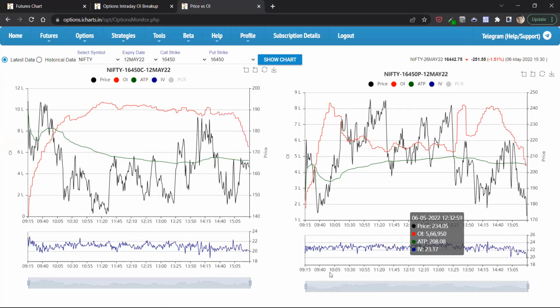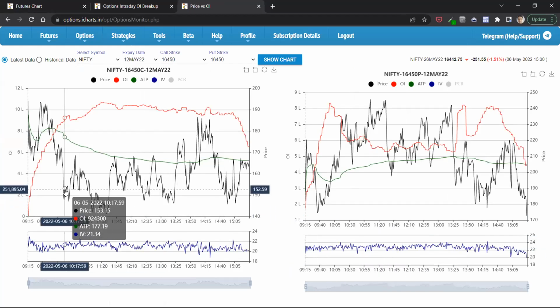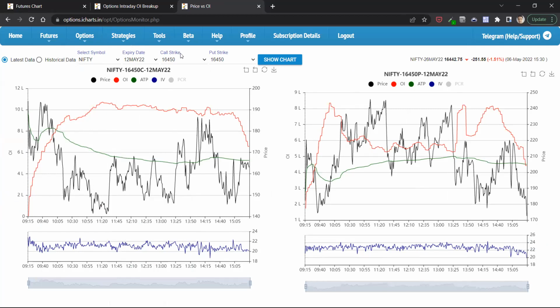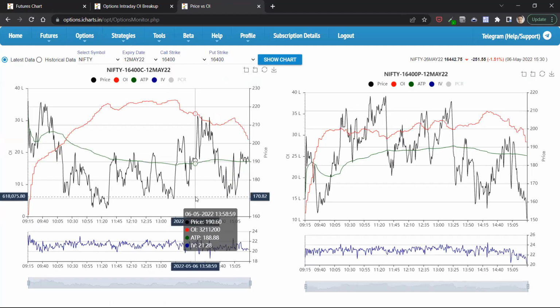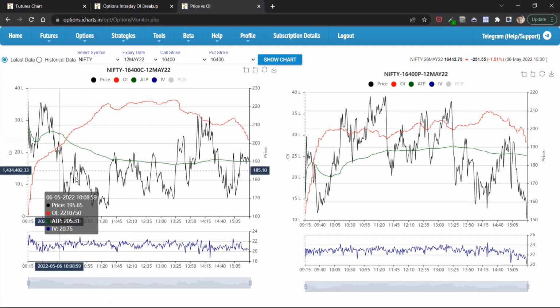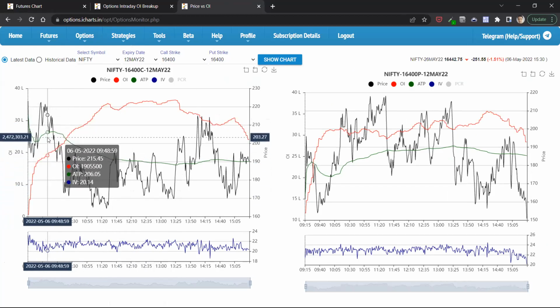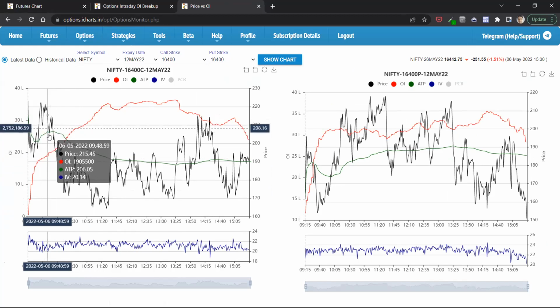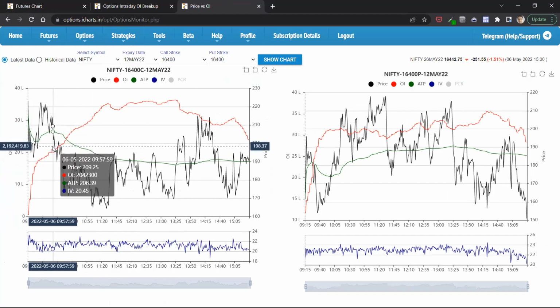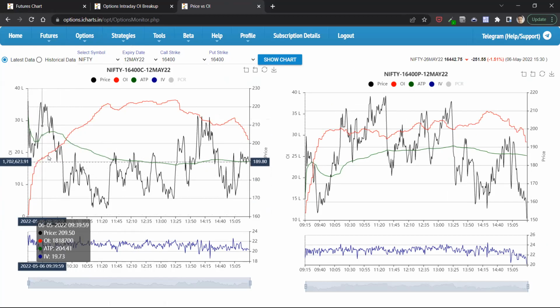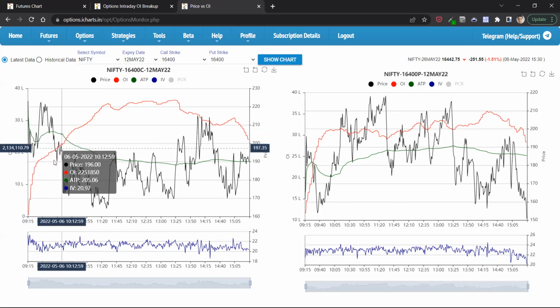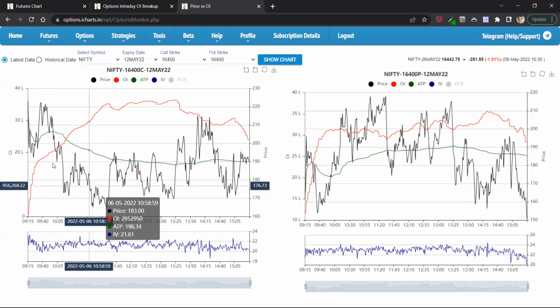If you have decided, I'll just go for a brief concept. Let me go for 16.4. Here, as a general rule, whenever option price is moving below VWAP and OI is increasing, that means the option price could continue to go down.